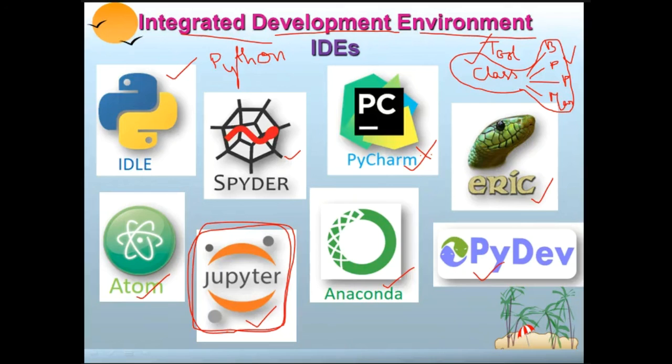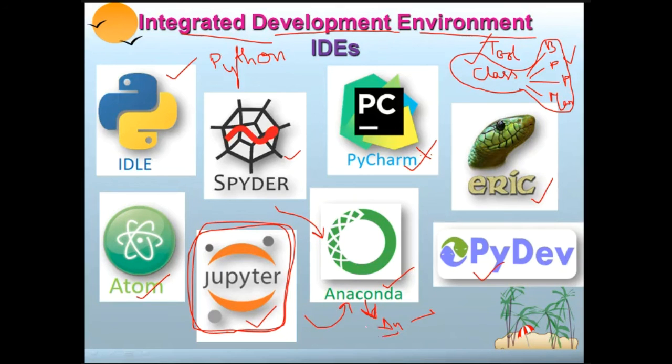Let me tell you one thing: if you download the Anaconda software, it is going to come in the form of a package where you have the Anaconda IDE, as well as Jupyter included in it, and you can also have Spyder in this package.